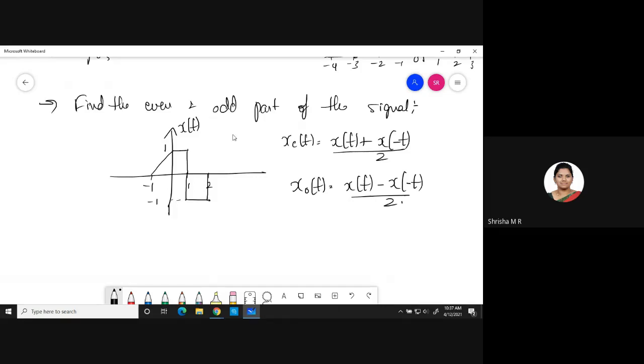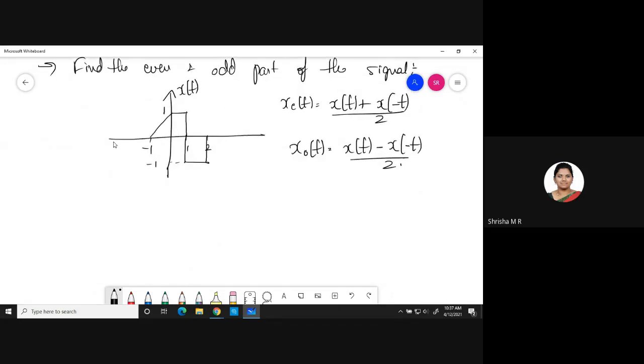Whatever is on the right will go to the left, and which is on the left will go to the right, because we are folding the signal with respect to the vertical axis or y axis. So draw the mirror image first, x of minus t. So you have amplitude 1, and at -1 and -2, you have something like this.